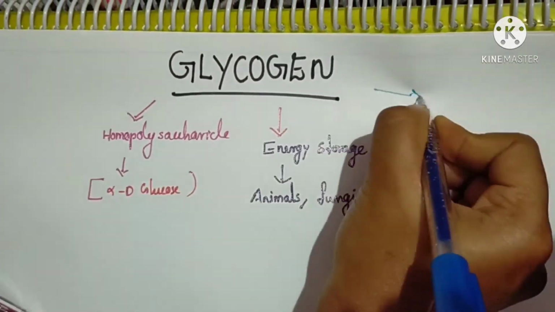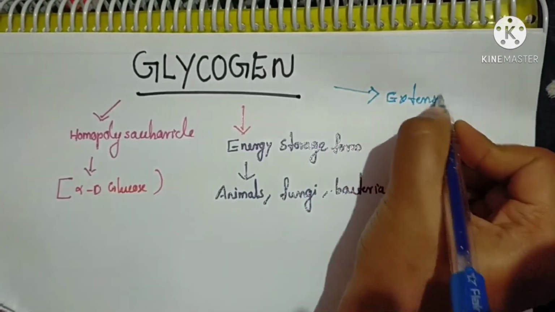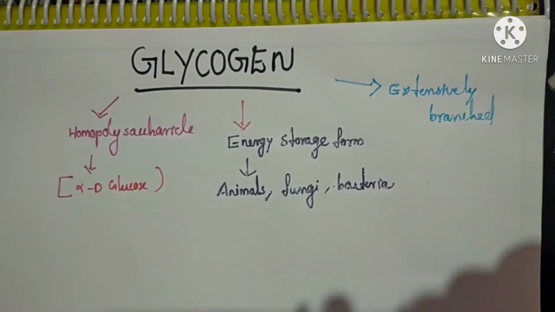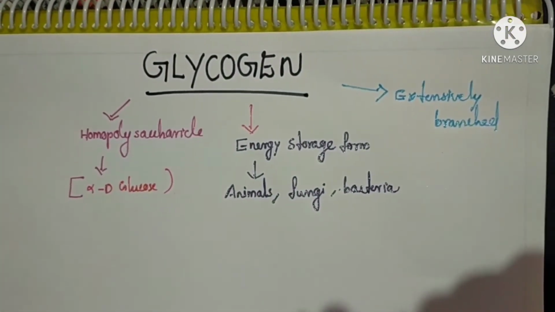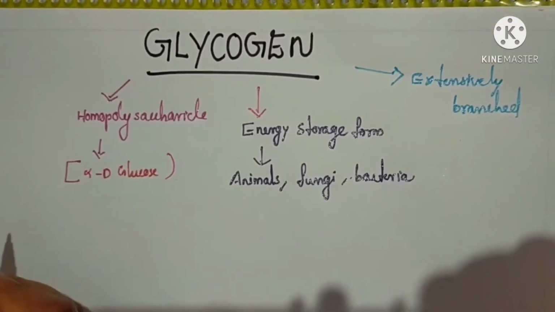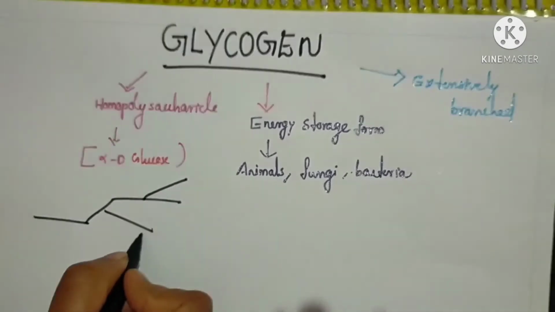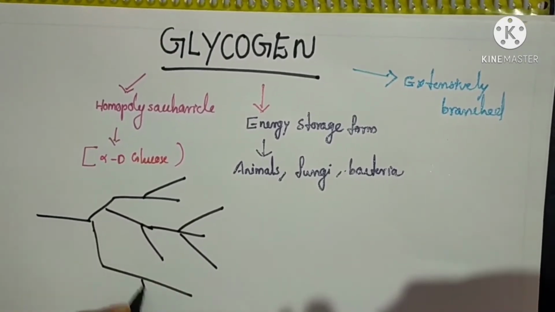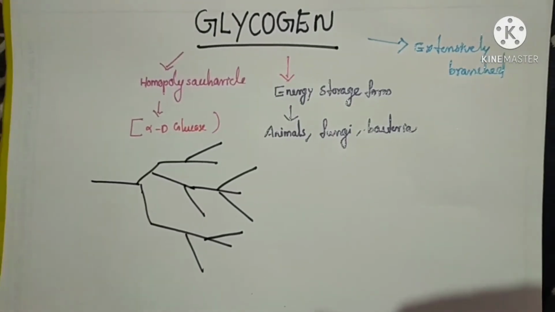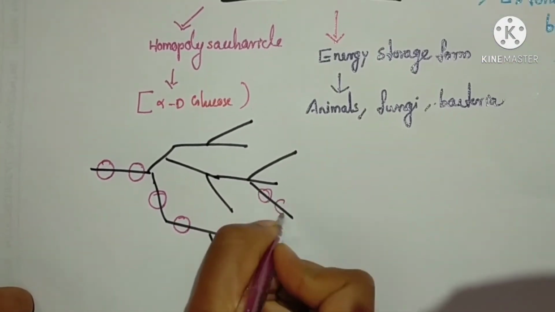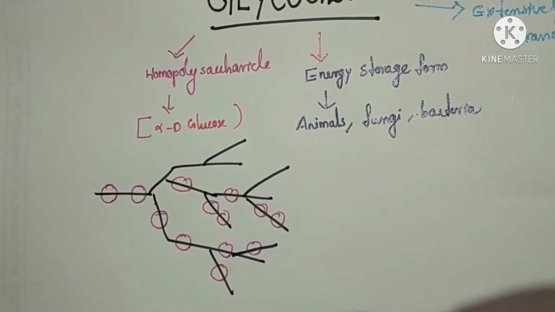Actually, this glycogen is an analogue of starch in plants, but the major difference is glycogen is extensively branched. So, since it is an analogue of starch, this glycogen also contains linear chain structure like amylose and branched structures like amylopectin.